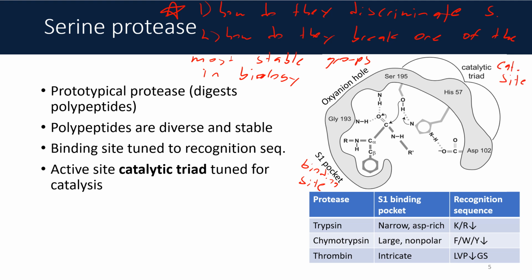This is near the binding site, but it's not in the same exact location. They have 2 different jobs. The catalytic site does the reaction. The binding site recruits our substrates. And enzymes can be promiscuous or specific. Digestive enzymes tend to have very promiscuous binding pockets.